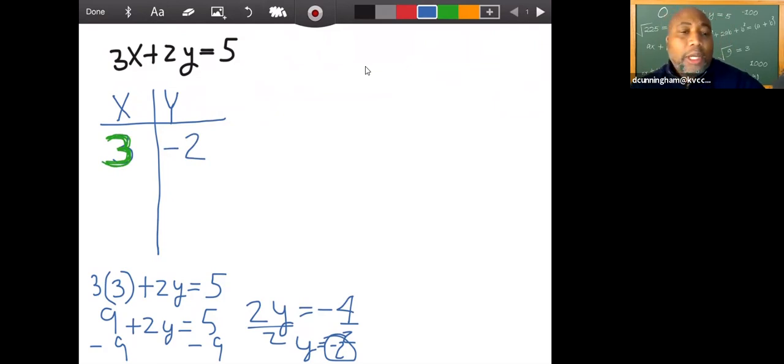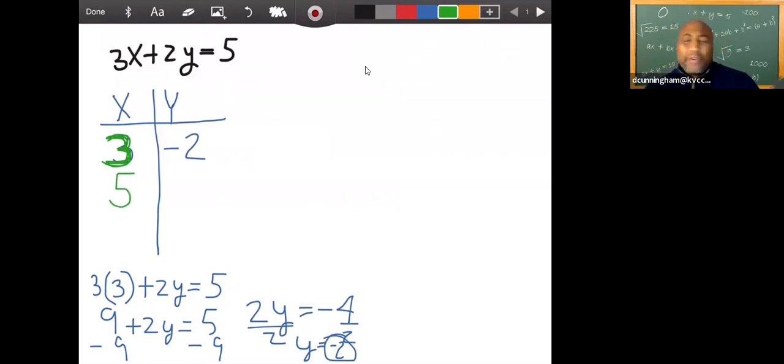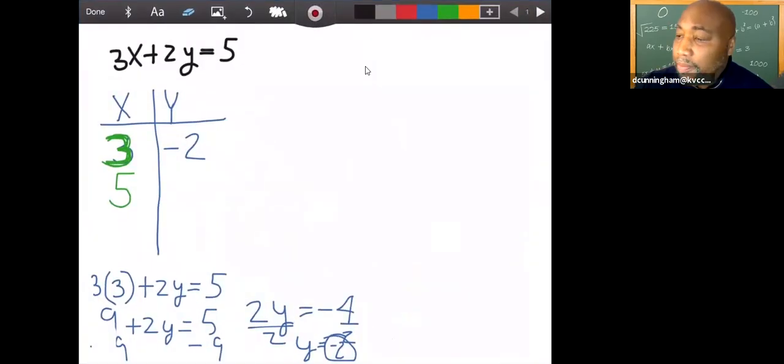So let's choose another value. It could be x or y, but it's going to force the other variable to solve for it. Let's use the value I'm going to put in green. Let's say we use 5 for x. A positive 5 for x. Now, in this case, I'm going to show the work on the bottom again. So make sure you look at the work down here.